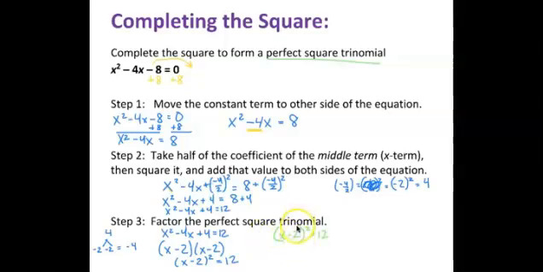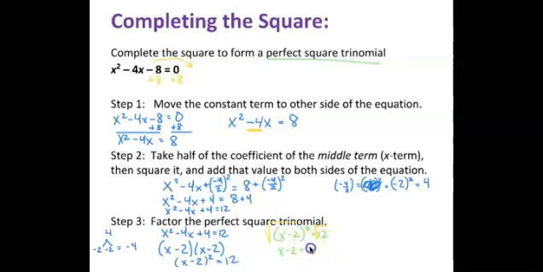So we want to solve for x. So if we want to solve for x, let's take the square root of both sides, just like we've been doing. And when we take the square root of both sides, now we're left with x minus 2 equals square root of 12.